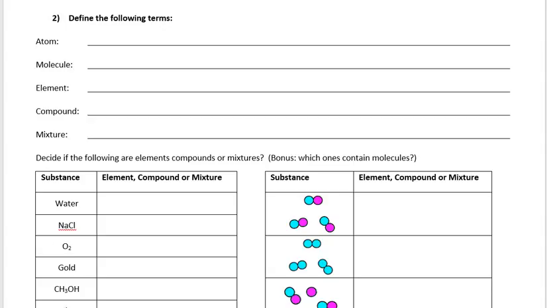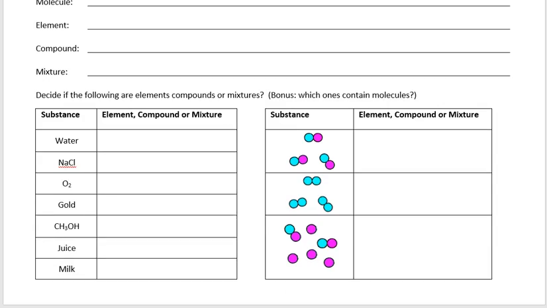So it could be a combination of two elements, or it could be a combination of two different compounds, or a compound and an element. A mixture contains different particles, and a mixture can be separated. So that's your definition. A mixture is a substance that contains different particles or molecules, and it's a substance that can be separated. So we'll look at a mixture in just a second in the examples below.